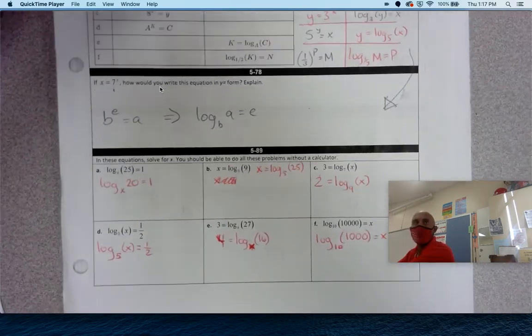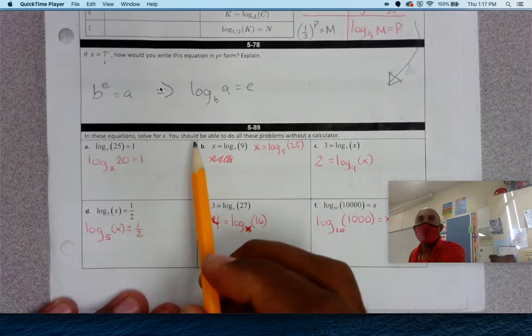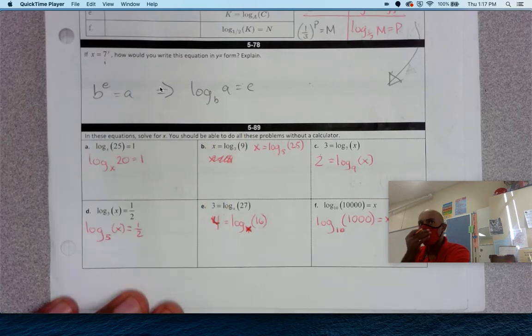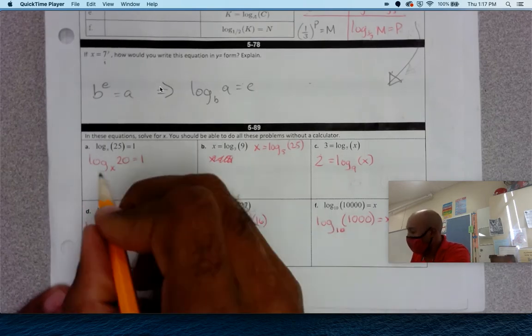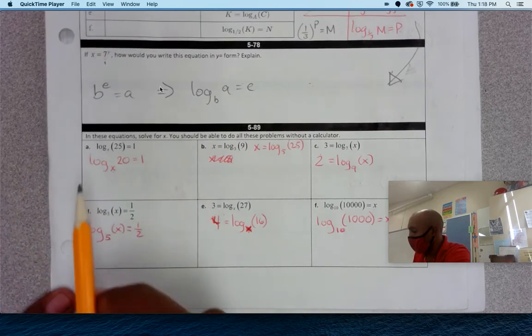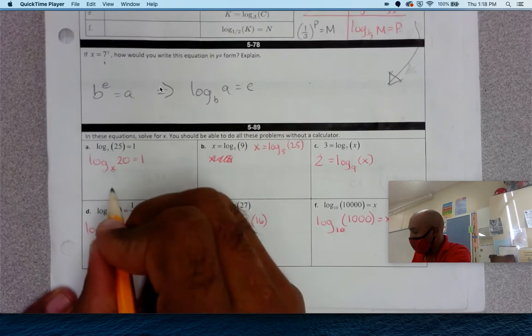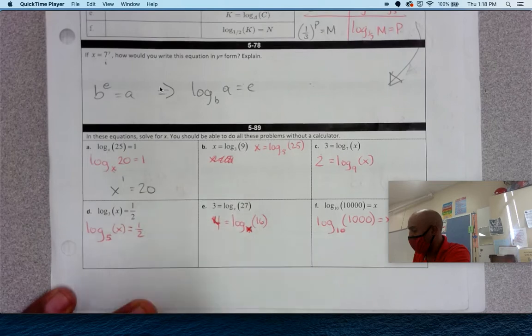Now on these ones down here, you're actually solving some equations. You want to do these without a calculator. Once you understand how to change the equations, you should have no problem doing this without a calculator. Remember, this is my base. If it's in log form, I'm going to change it back to exponential, and they're all in log form. So there's my base, x to the 1 exponent equals 20.